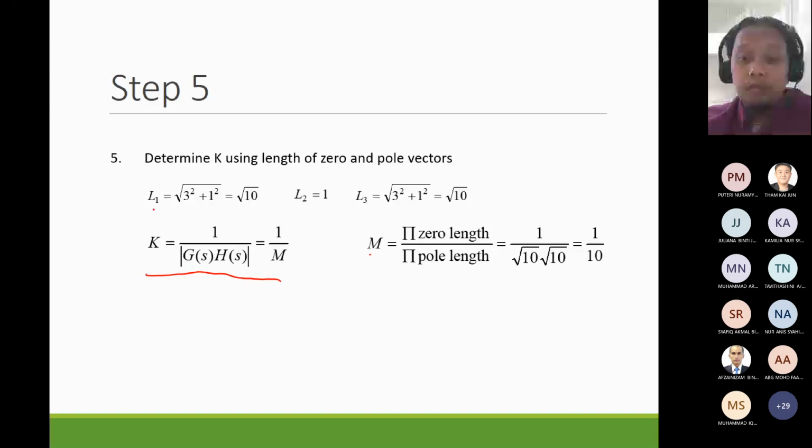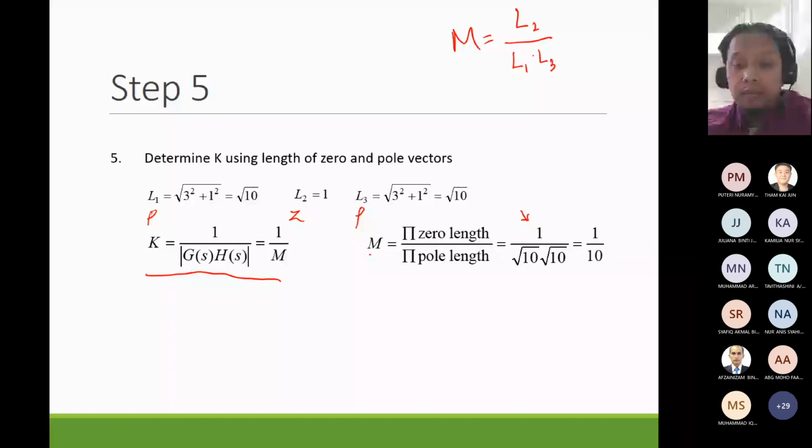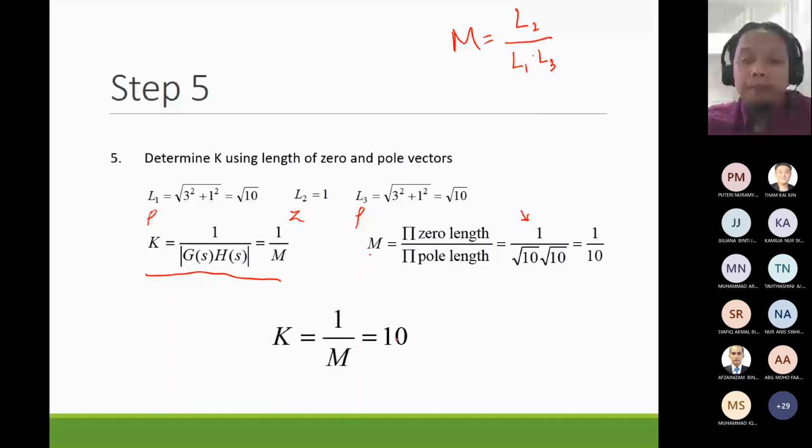We know that L1 and L3 are from poles and L2 is from the zero. So M equals L2 divided by L1 times L3. So you get M equals 1 over 10. Then K will be 1 over M, so K equals 10.